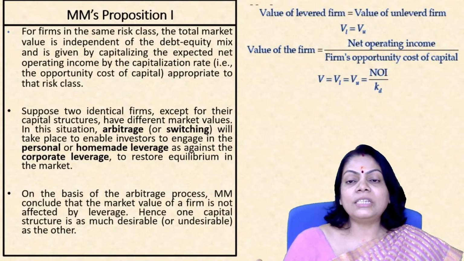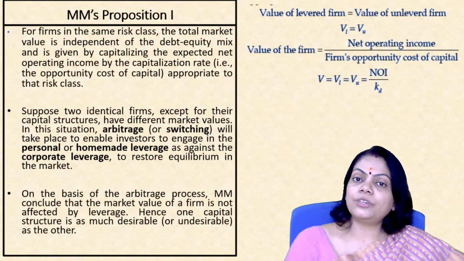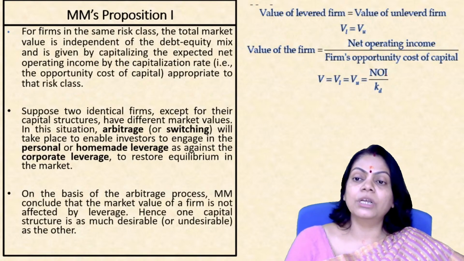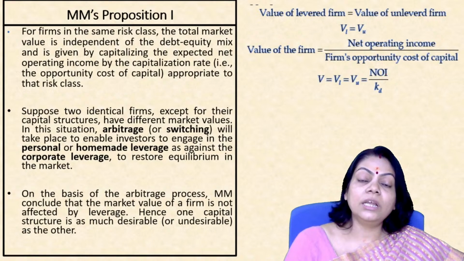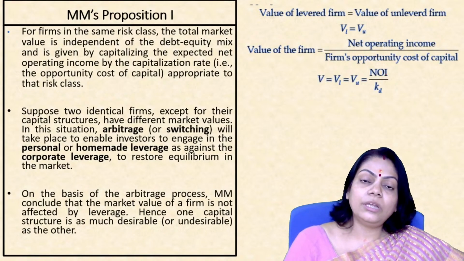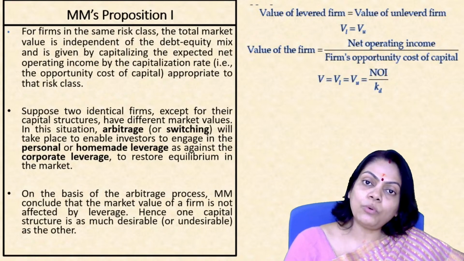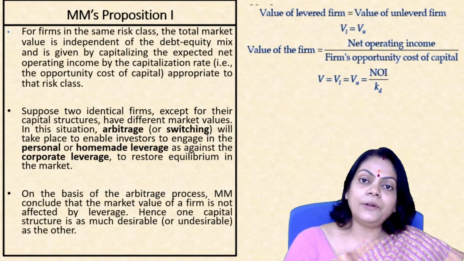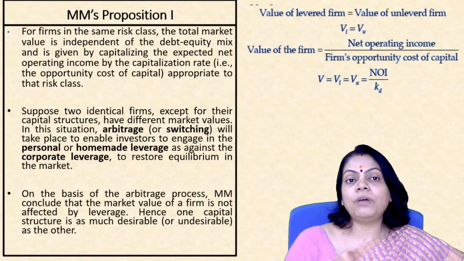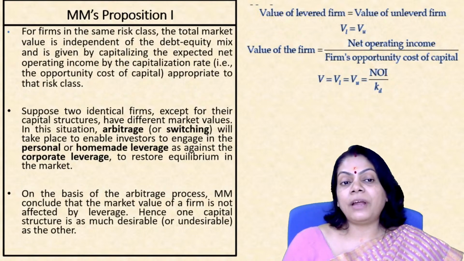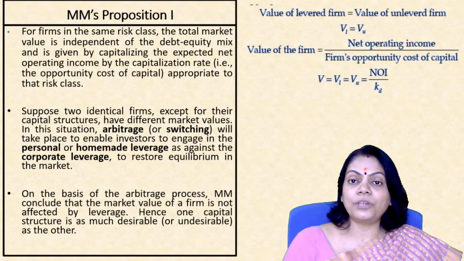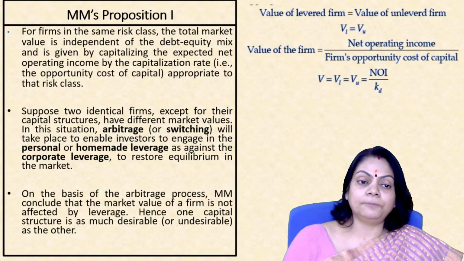So the financing of the firms is different, while everything else is similar. Then both firms are bound to have similar values. The values of the two firms cannot be different because they are financing their operations through different sources.